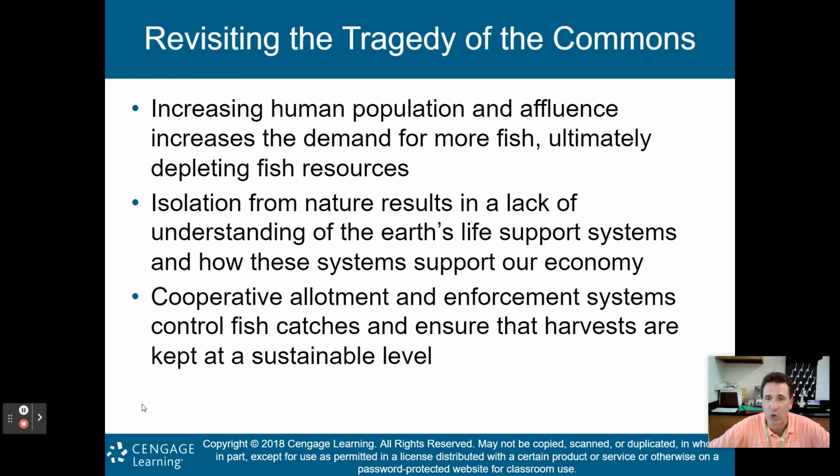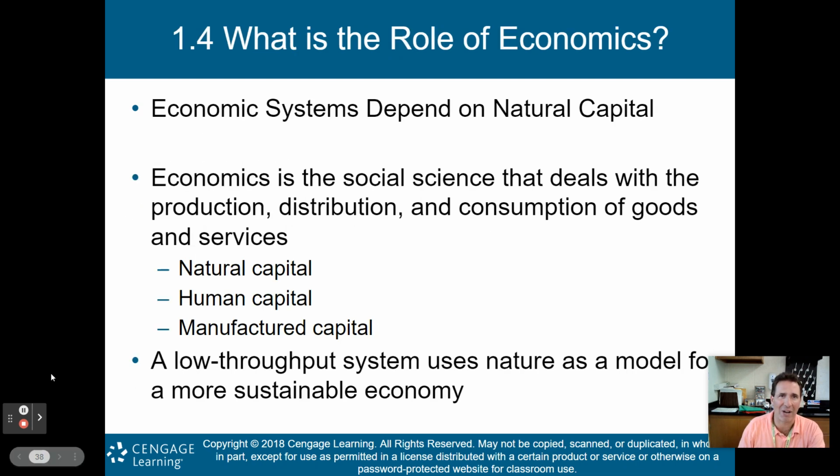Cooperative allotment and enforcement systems control fish catches and ensure that harvests are kept at sustainable levels, right? So with more people, we can't deplete the fish resource, so we've come up with some cooperative ways to keep those fisheries intact so that we can keep the fish at a sustainable level. So again, that's what we're talking about with the tragedy of the commons.